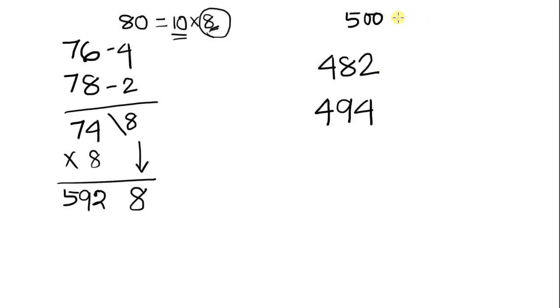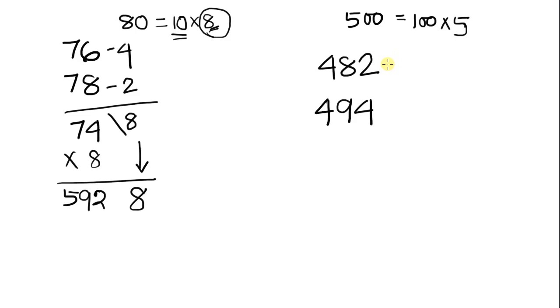So 500 is equal to, I can write it as 100 into 5. So in this case, my working base is 500. So the difference will be taken from 500. But the reference base is 100, which means I can keep 2 digits on my right hand side of the multiplication.